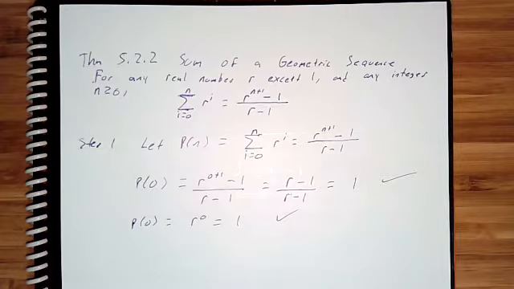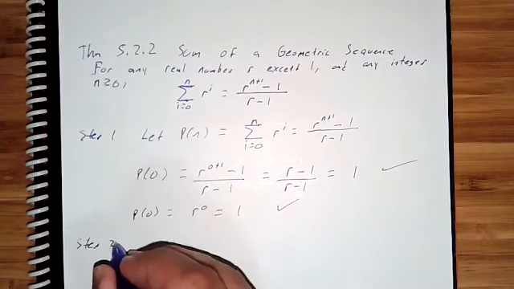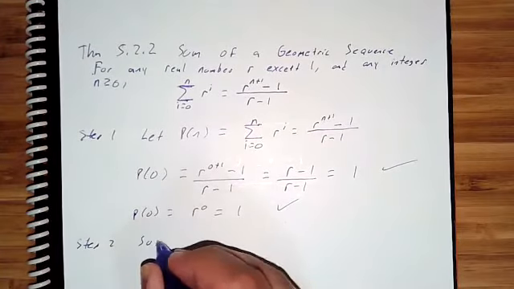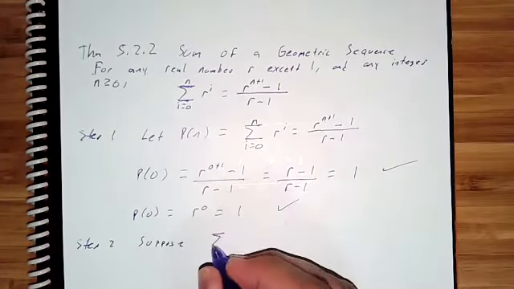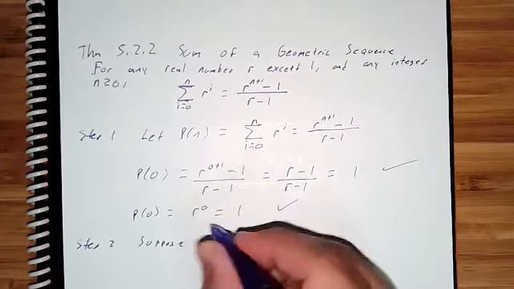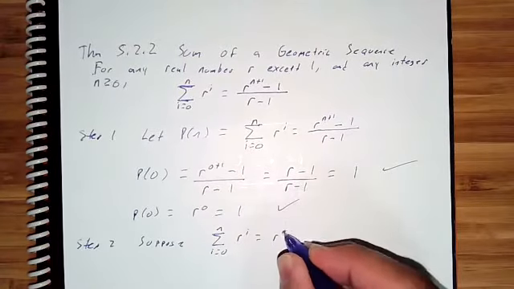All right. Now let's do the inductive process, or step, I should say. All right, so step 2. Suppose, right, we pretend that we know that this works. We suppose that this is good already. Which is weird.